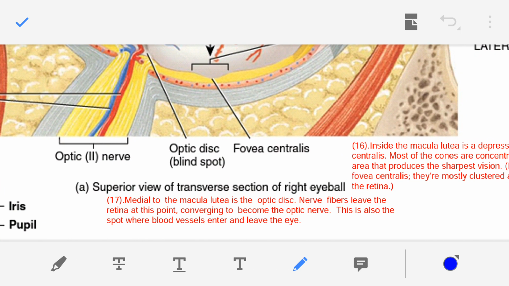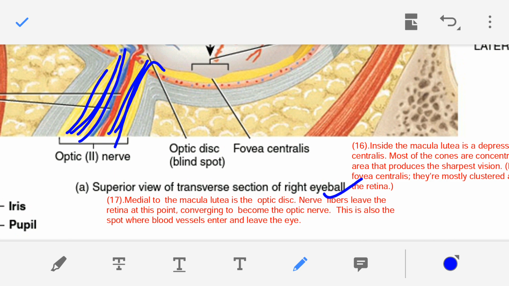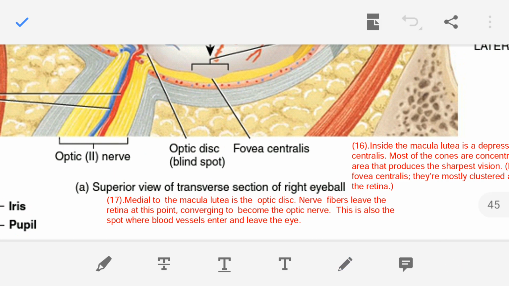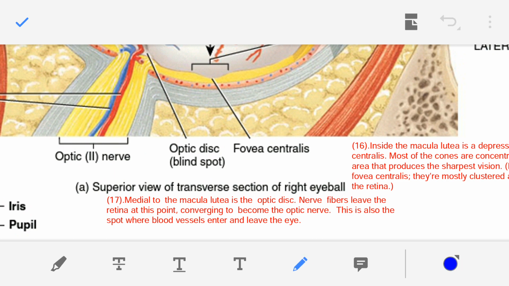The nerve fibers of the optic nerve leave the retina at this point. Here you can see the optic nerve fibers leaving the eyeball from this blind spot or optic disc point. All these fibers join together, converge, and become the optic nerve.